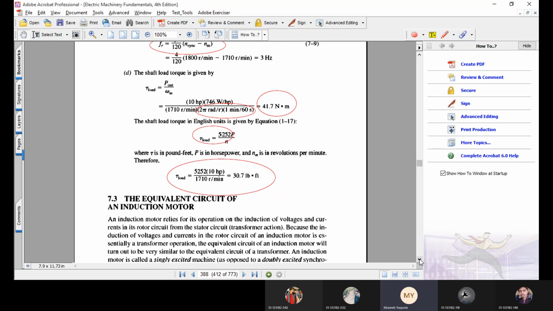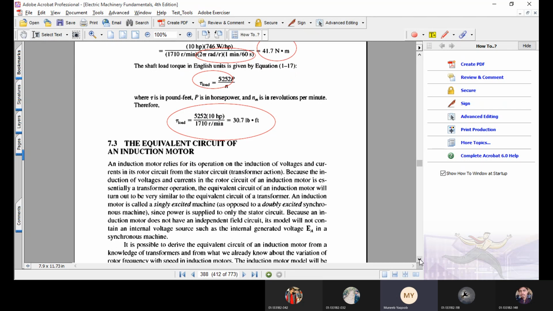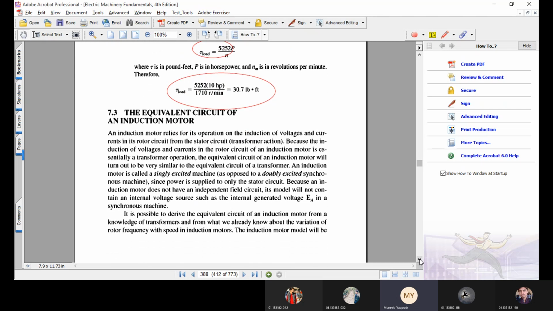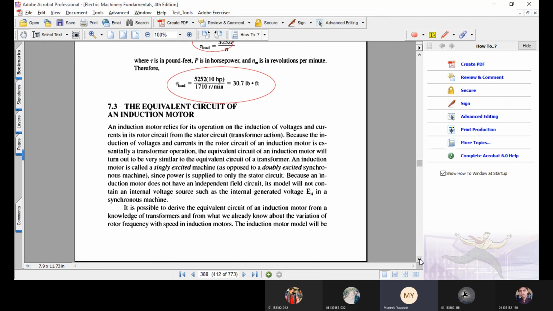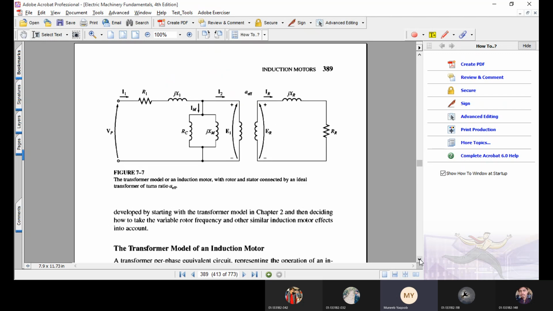Now finally coming to the last topic of today's lecture, that is the equivalent circuit of an induction motor. As I told you earlier, as a start, we can start with the equivalent model of a single phase transformer. Why?